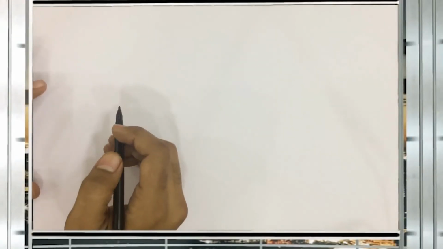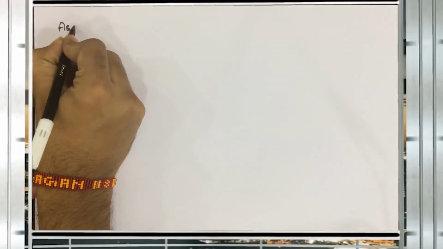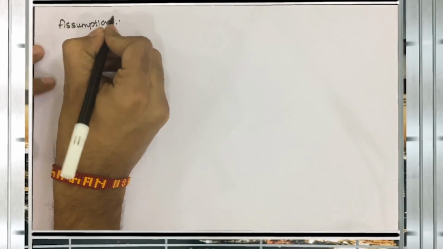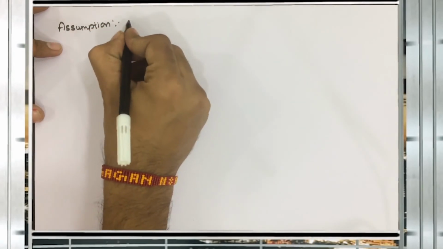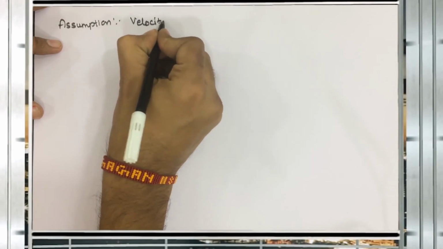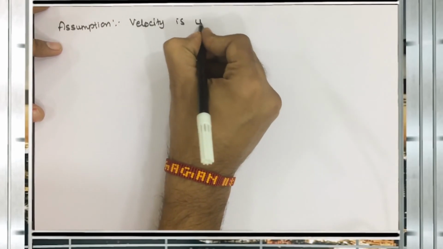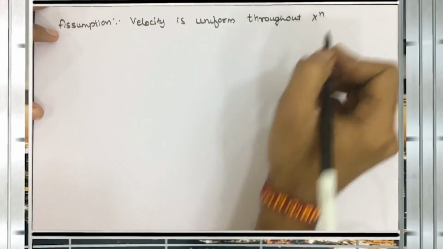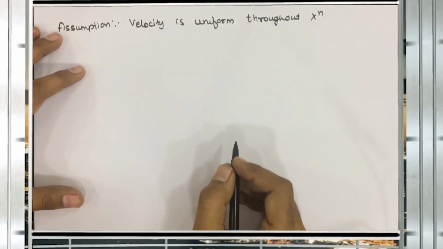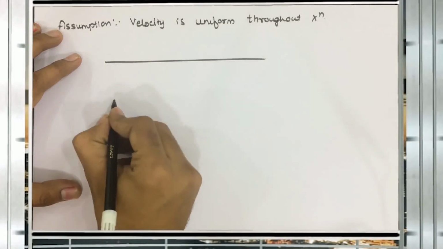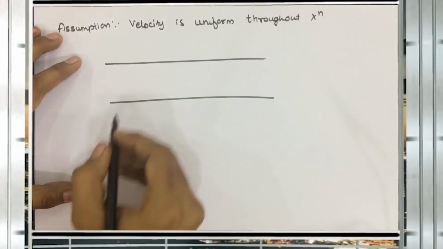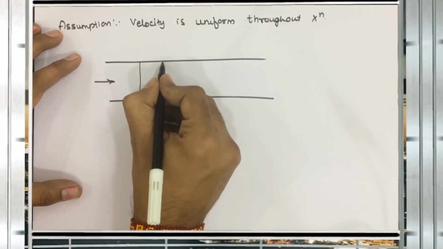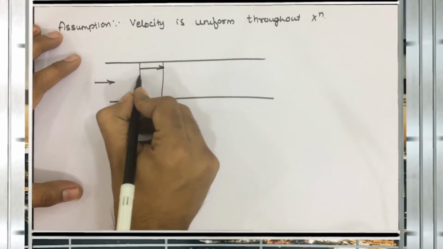Now, there is one important assumption while deriving this Euler equation, and that assumption says that velocity is constant or uniform throughout the cross section. What does this mean? Suppose the water is flowing through this, and we are assuming that the velocity is constant throughout the section.